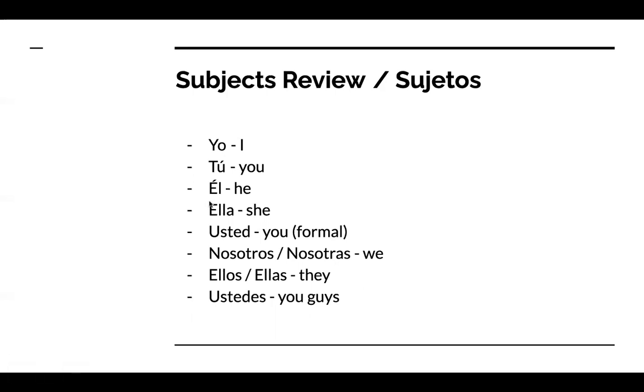Yo is I. Tú is you. Él is he. Ella is she. Usted is you formal, and we went over that more or less. Nosotros and nosotras is we. Ellos and ellas is they. Ustedes is like you guys, when you're talking to more than one person.